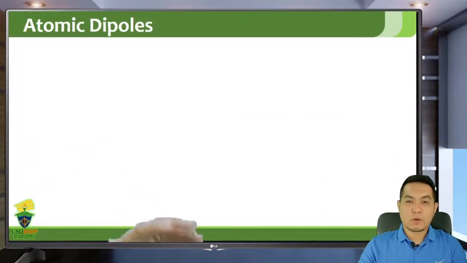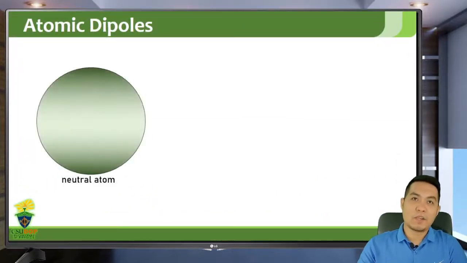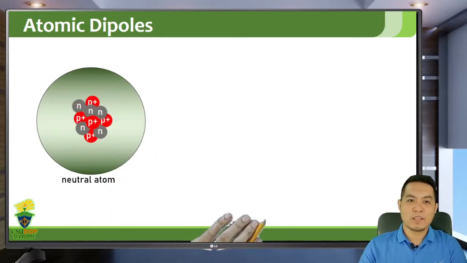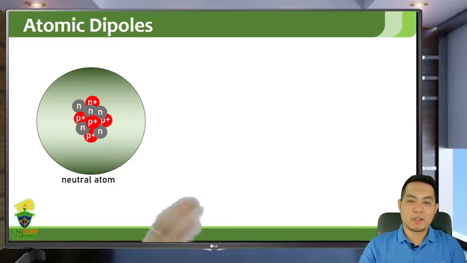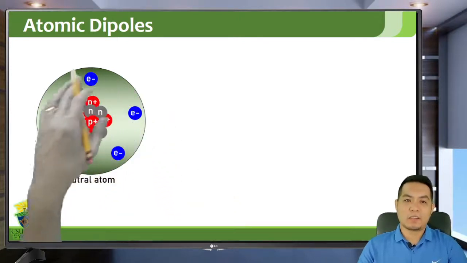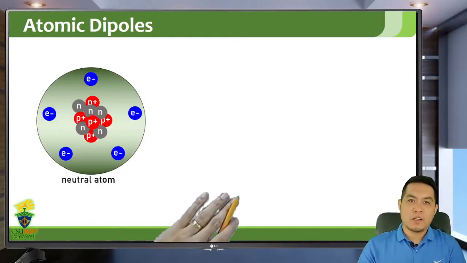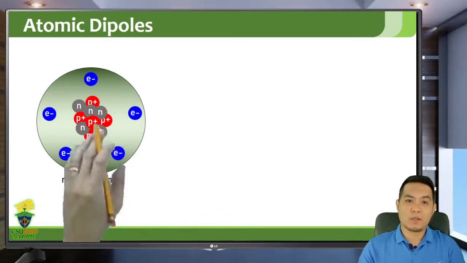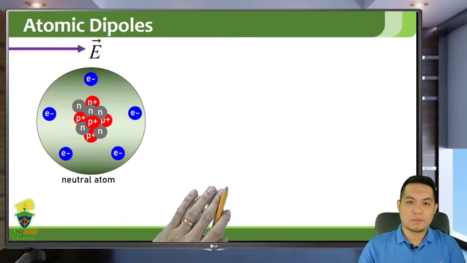Okay, so let's focus on a single atom first. If you have a neutral atom, such as this one, it has a nucleus composed of positive protons and neutrons, which are neutral. And then you have an electron cloud revolving around your nucleus.